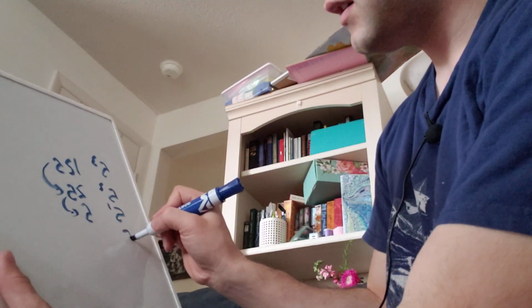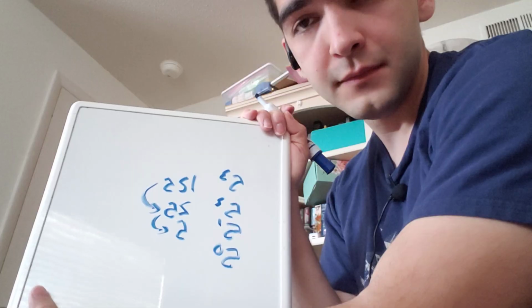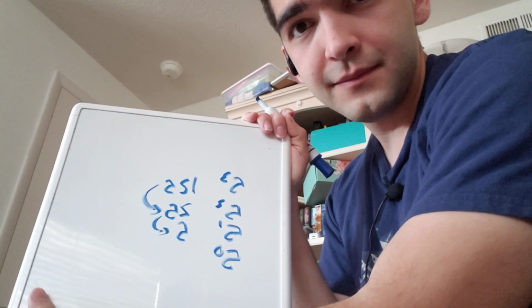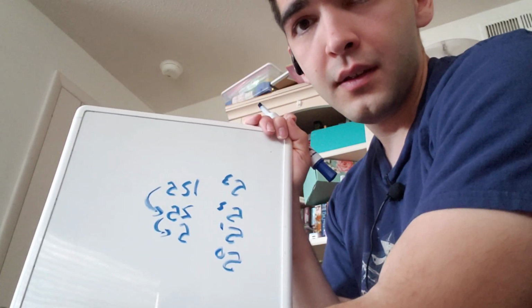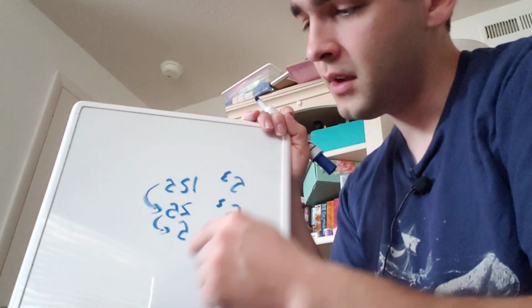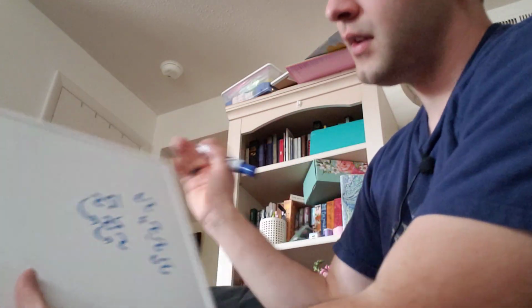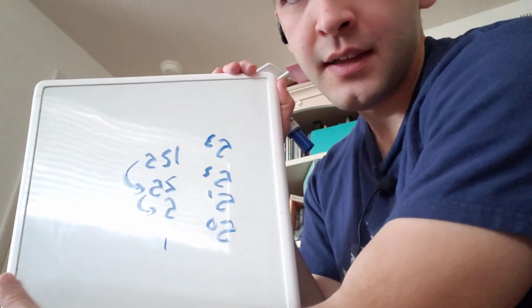So, based on that, what would you expect 5 to the 0 would be? Well, you take 5, you divide by 5 again, and that gets you 1.